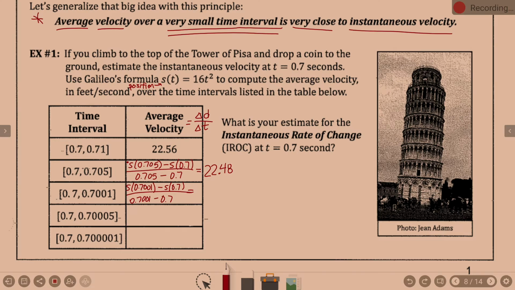And this time, what am I evaluating Y1 at? 0.7. I just typed in the exact same thing I did up top, obviously with my next set of numbers, but I didn't have to type the formula.